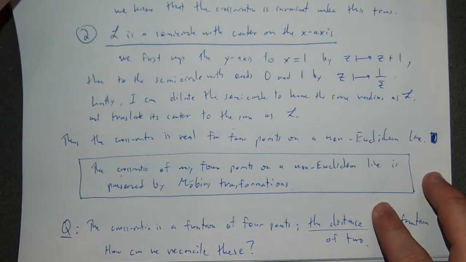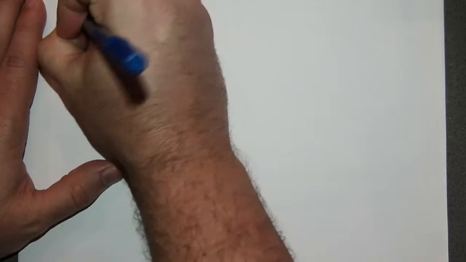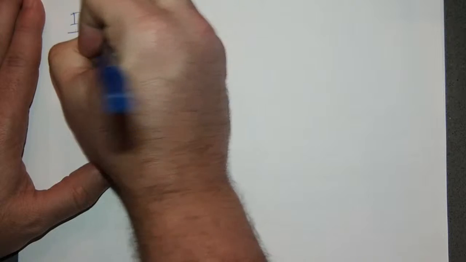Well, the idea is that there's a key difference between these non-Euclidean lines and Euclidean lines. These non-Euclidean lines have a property that Euclidean line segments have, that they have endpoints.